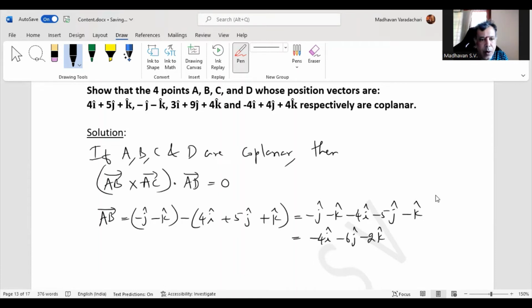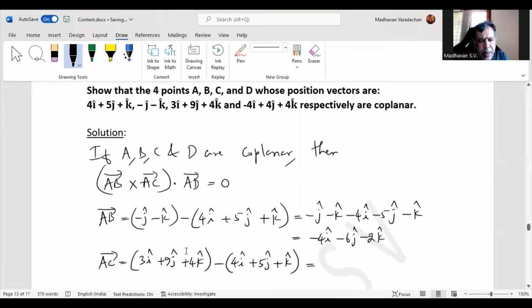Similarly, if we want AC vector, I need to subtract the third position vector, that is 3 I cap plus 9 j cap plus 4 k cap, minus the first position vector, which is 4 I cap plus 5 j cap plus k cap.